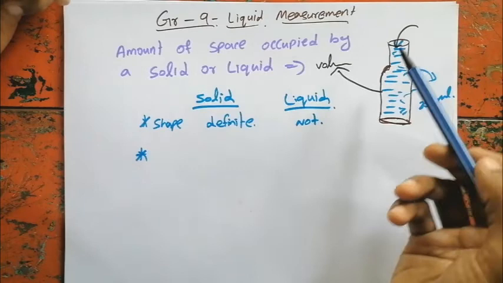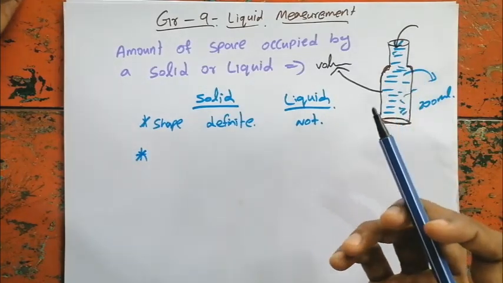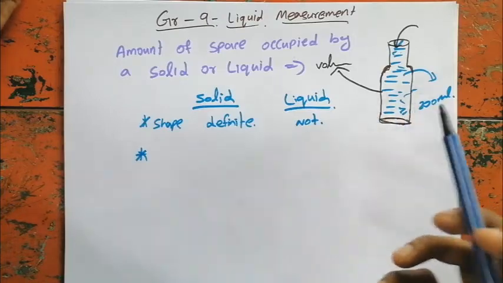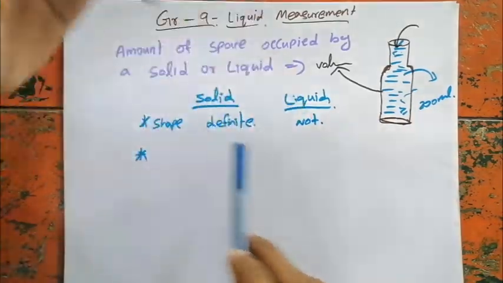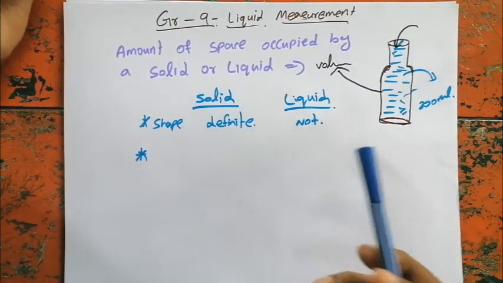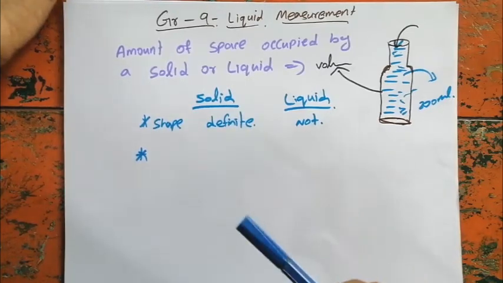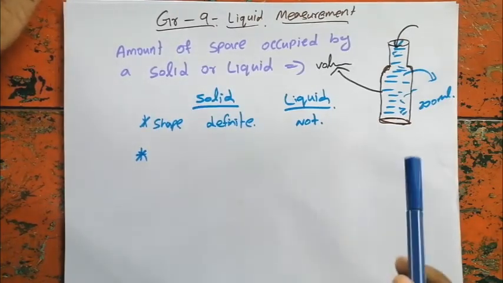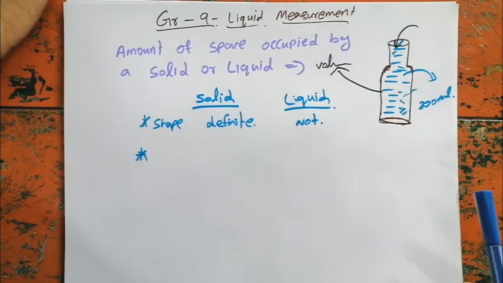When you pour any liquid into a container, it will always take the shape of the container. Liquids do not have a definite shape. In whichever container you keep the liquid, it will change its shape to the shape of its container.